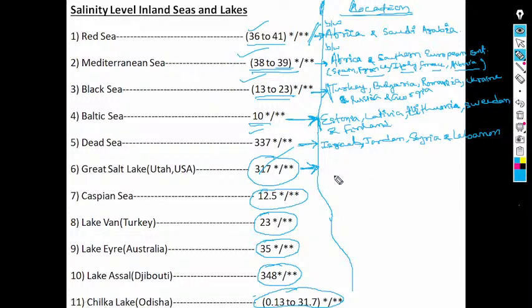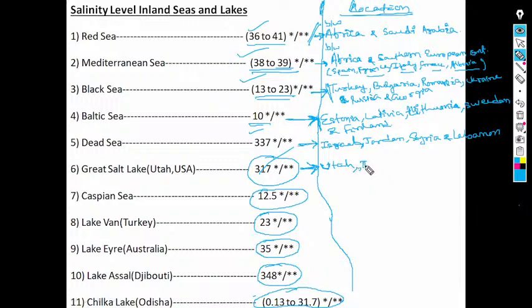Great Salt Lake, that is in the USA. It is in Utah. Great Salt Lake is in Utah state in the US.